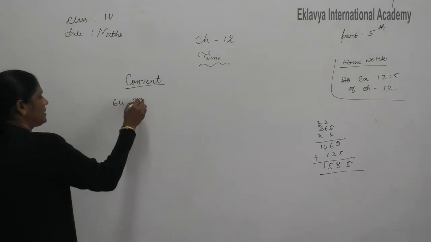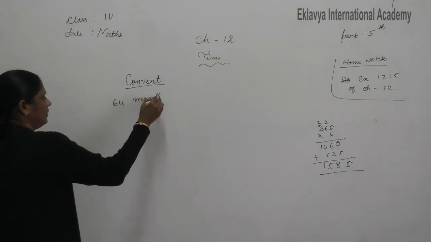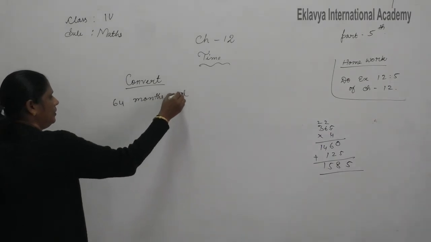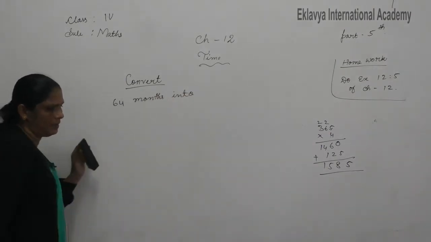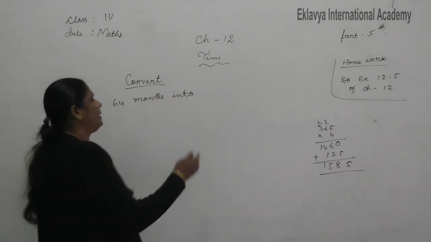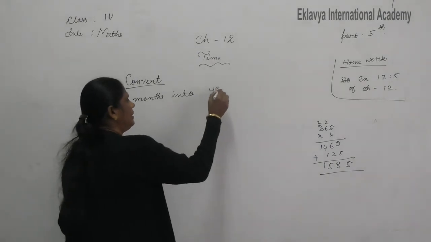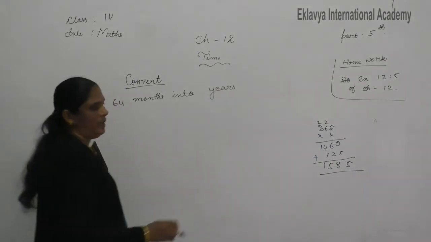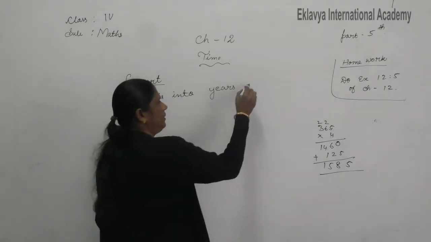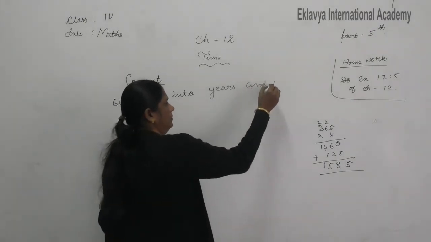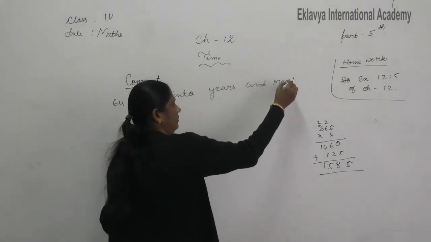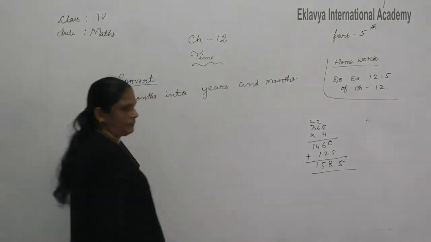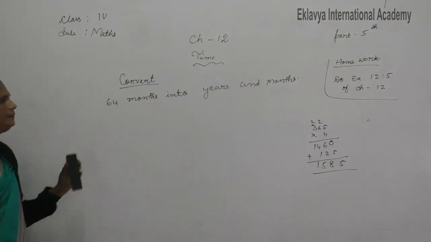Convert 64 months into years and months.